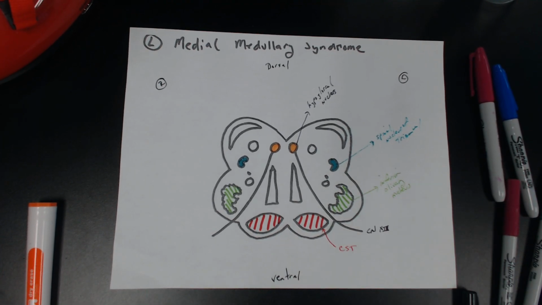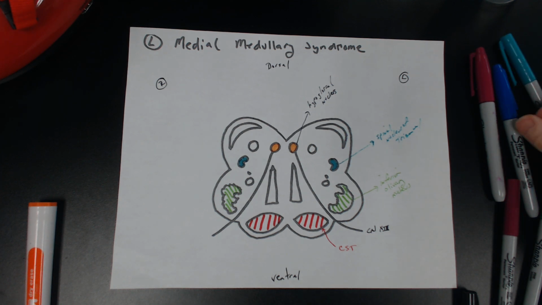It's responsible for receiving sensory information coming from the head and face. Yes, the main sensory and spinal nucleus of trigeminal function together as the same thing. They receive all that sensory information coming from all those cranial nerves that receive sensory information from the face and the head.